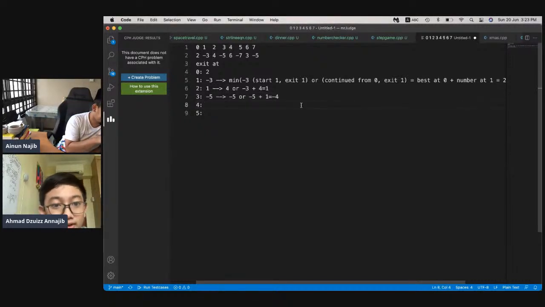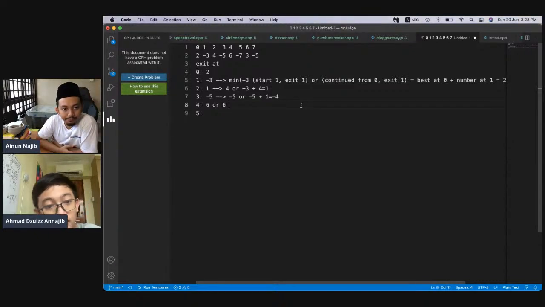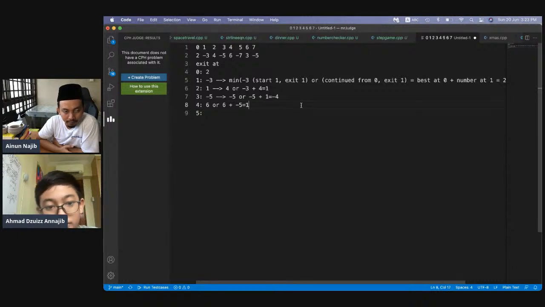Okay, then this one number 4 is 6 or 6 plus minus 5 is equal to 1. So it's 1.